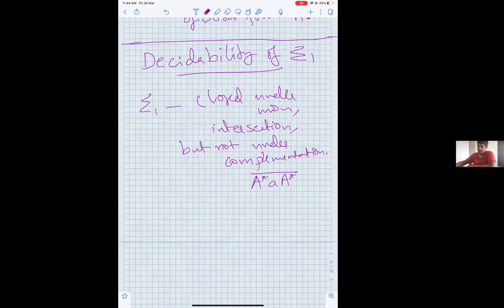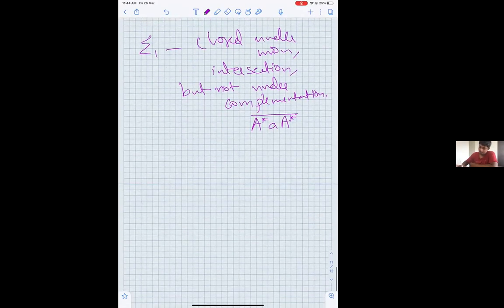That cannot be said, because such words should exist in your world, as this is the complement of the kind of conditions we have dictated. So sigma 1 is not closed under complementation. So now how do we characterize sigma 1 as a class of monoids?